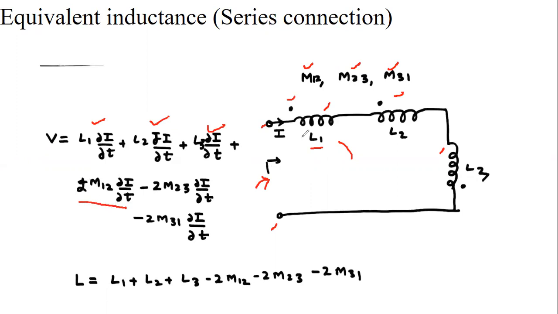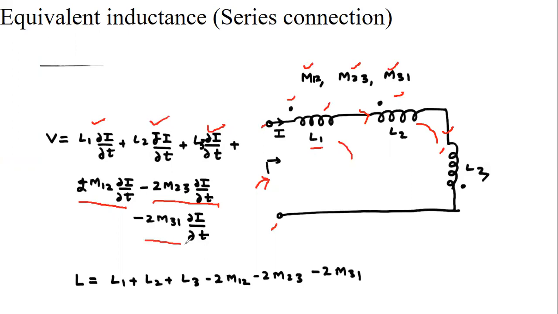Because of the effect of L1 on L2 and the effect of L2 on L1, and the currents are the same. Now coils 2 and 3: in coil 2, current is entering from the dotted terminal, while in coil 3 current is entering from the non-dotted terminal, so the flux is opposite. So this term is minus 2M23 del I by del T.